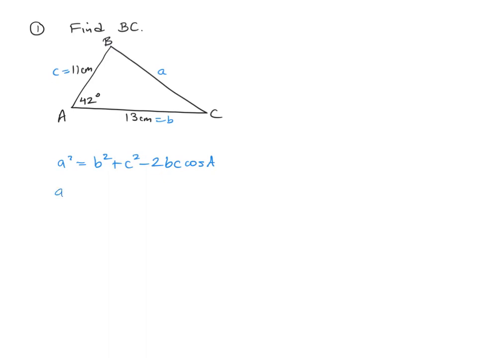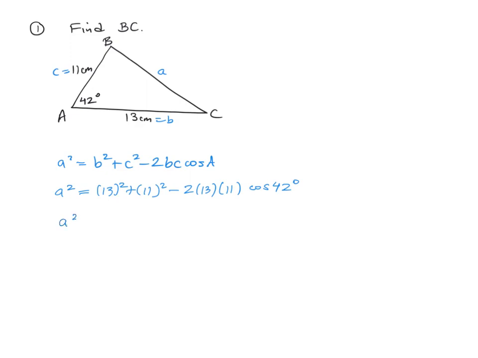So a squared equals 13 squared plus 11 squared, minus 2 times 13 times 11 times cosine of 42 degrees. I'm going to plug all that into my calculator and keep the decimals because it's not the final answer yet.